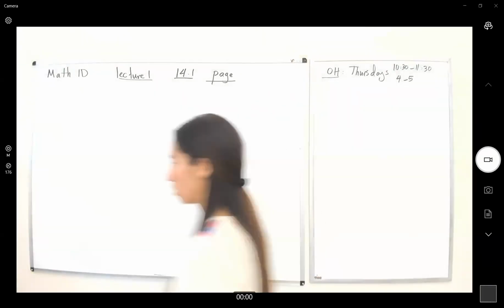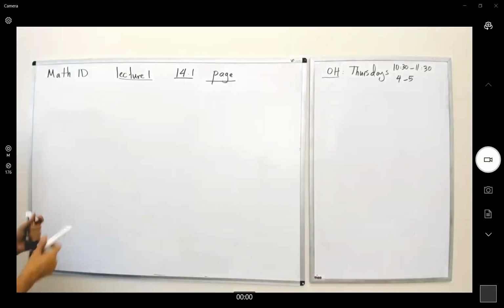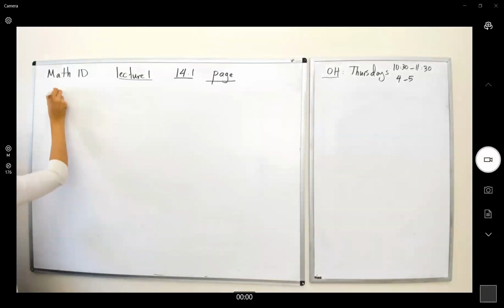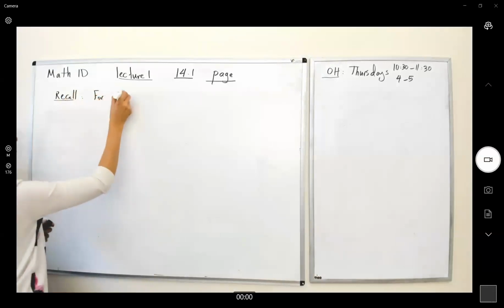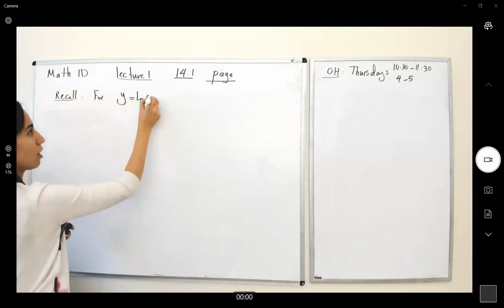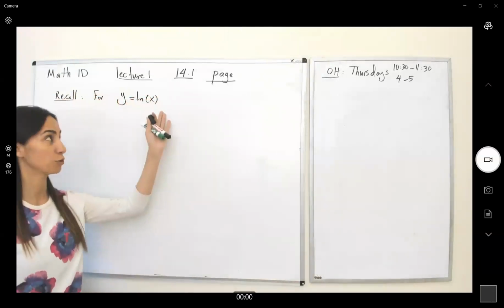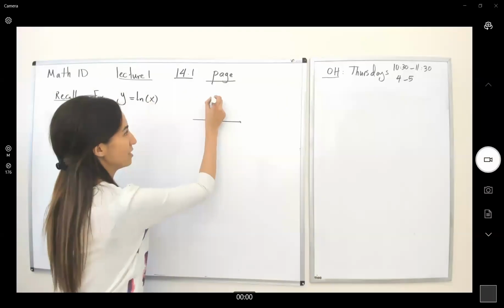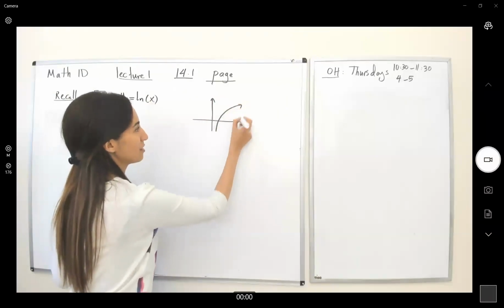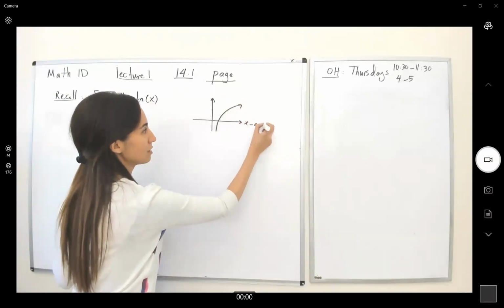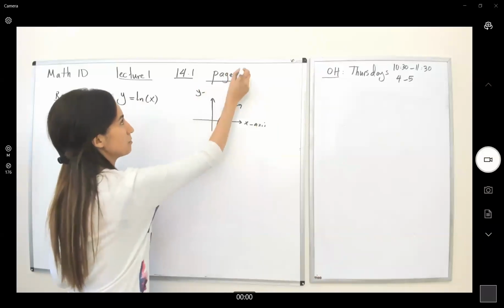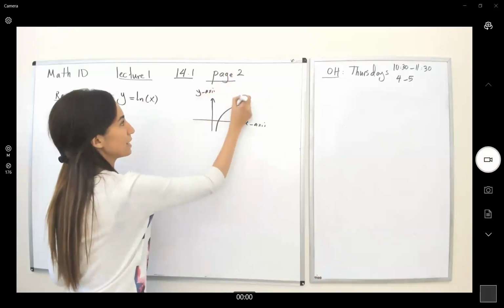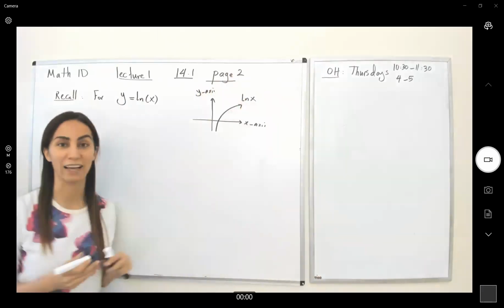Again, a little bit of recall for you. For the function y equals ln of x, remember that when you graph this function, the graph is like this. This is your x-axis, this is your y-axis, and this is your ln of x.